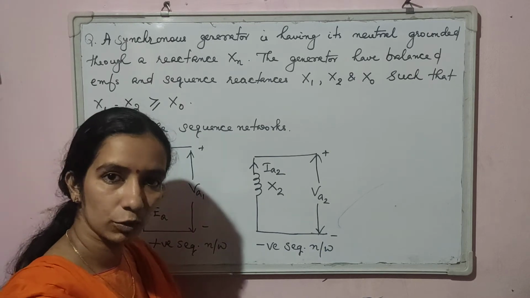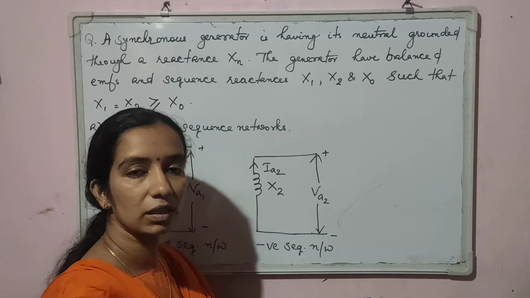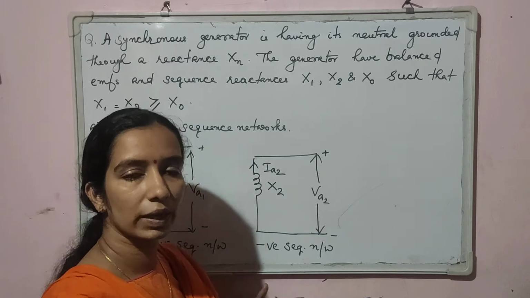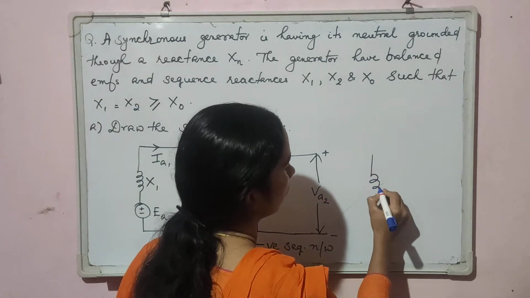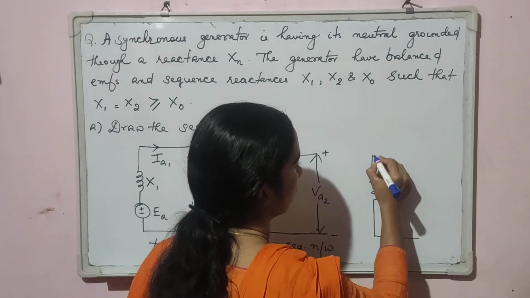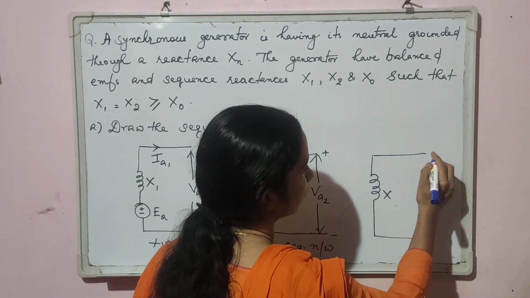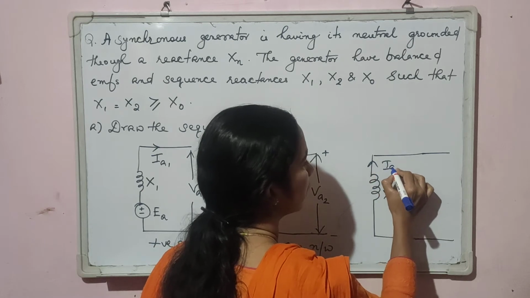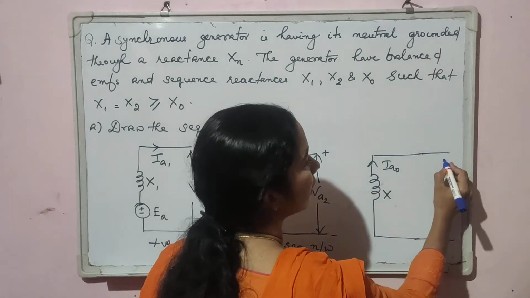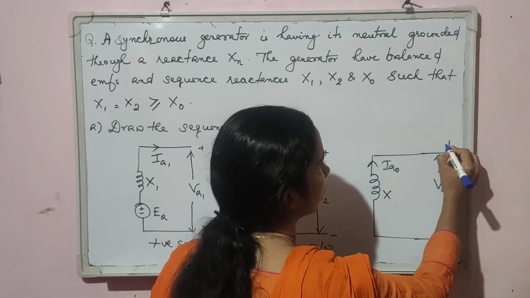Now let us draw the zero sequence network, and like the negative sequence network, the zero sequence network will also have the zero sequence reactance only. So this will be the zero sequence network. The current flowing through it is the zero sequence current IA0, and the voltage across the network is VA0.